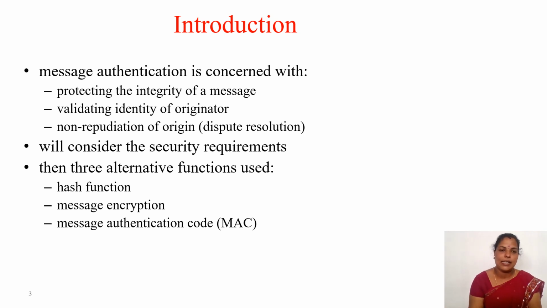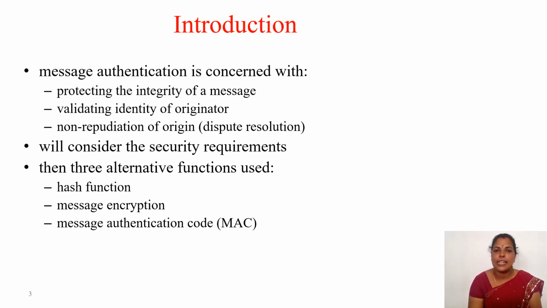So message authentication is for protecting the integrity of the message, that is, we are validating the identity of the originator. Then non-repudiation of origin, that is, we are resolving disputes occurring between the sender and the receiver using message authentication.